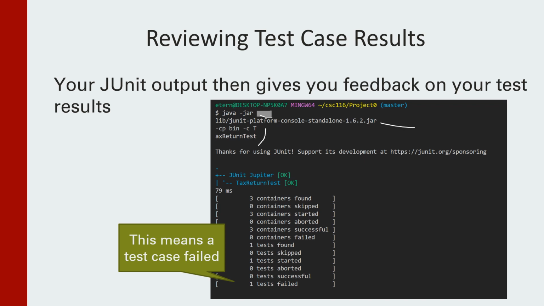You'll see that it will actually give you some information about what tests have been successful and what tests have failed. That's where you go back in and figure out, did my program do something wrong? Did I calculate something by hand incorrectly, so my test case is wrong? Basically those are the two things that can happen.